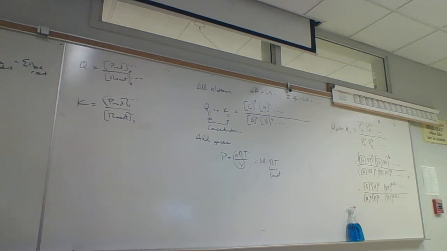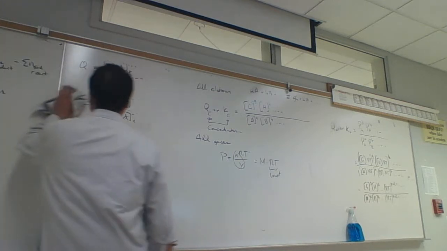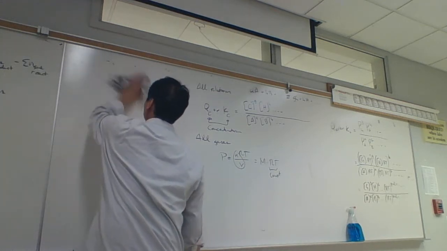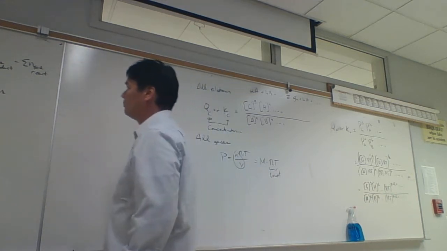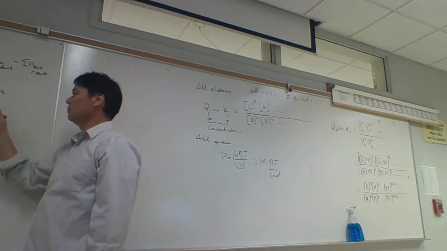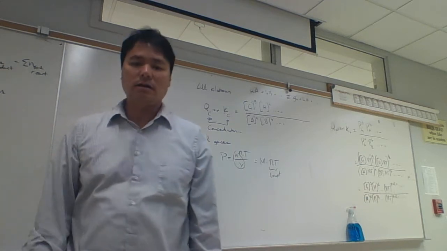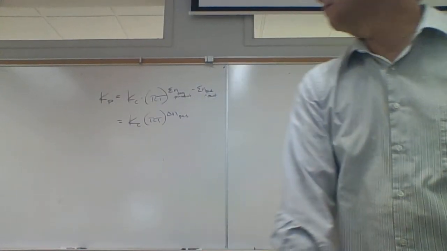The reactants would be A plus B plus C. And so what we're going to call that is it's going to be Kc RT to the delta N of gas, where delta N of gas is the moles of gaseous product coefficients minus the moles of gaseous reactant coefficients. And so we can use a Kc or a Kp, they're related to each other. And when delta N of the gas is 0, then Kp and Kc are equal to each other.